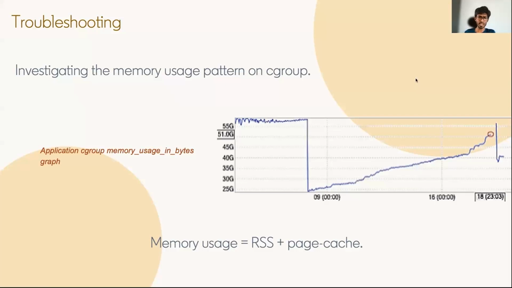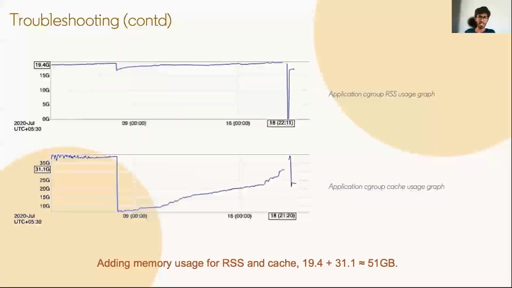Generally, the memory usage is a sum of RSS, page cache, and swap, but since our application cannot be swapped, we don't account for it here. Now we want to check whether everything adds up. So we looked at the RSS usage graph of the application C group and the application C group page cache usage. Looking at the same time, it does match up. It shows 51 GB as well. So nothing wrong there.